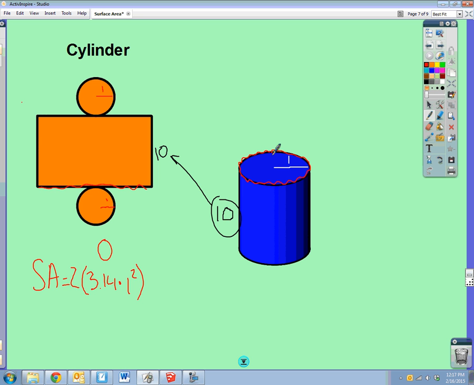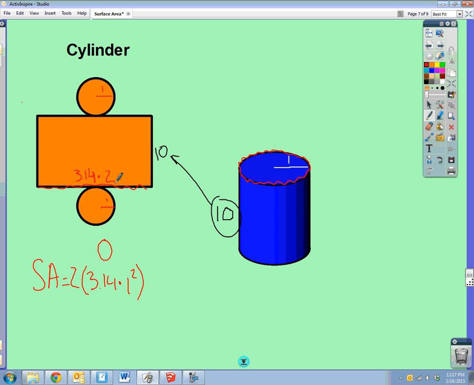And we call that distance the circumference. So the circumference of the circle is going to be pi 3.14 times the diameter. 2 pi r times the diameter. So the base of my rectangle is the circumference. The base of my rectangle is pi times the diameter.